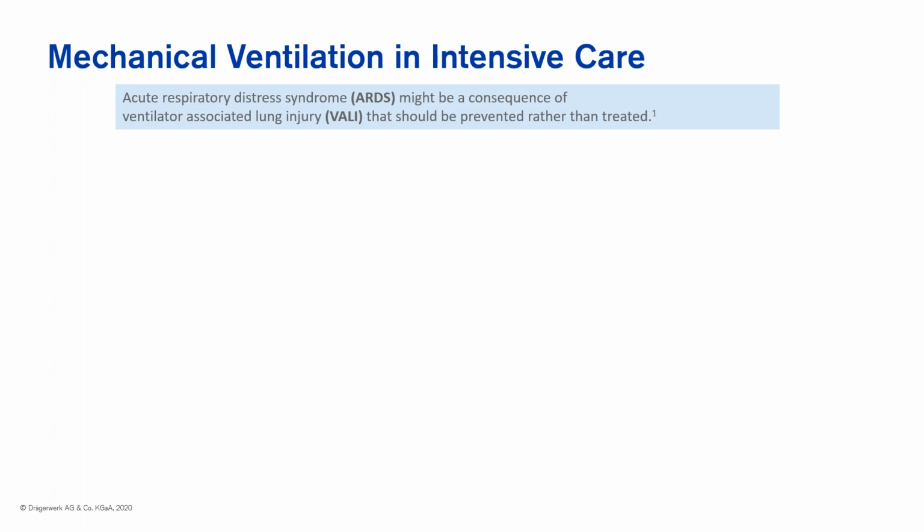If we look at mechanical ventilation in the intensive care, ARDS, the acute respiratory distress syndrome, is in almost 80% of cases associated with or a consequence of ventilator-associated lung injury, which is obviously caused by inappropriate mechanical ventilation settings.